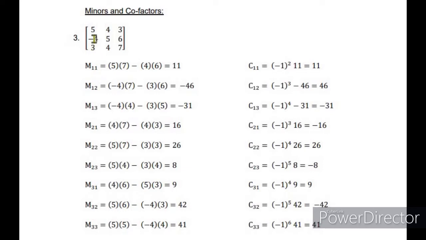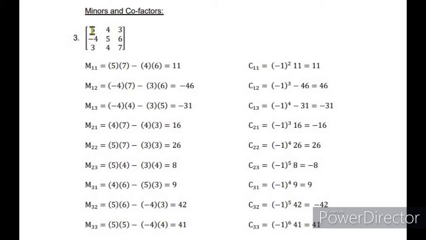It is this, the number 5. It is the element that lies in the upper left corner of the matrix. Okay, so we will get all the elements that do not belong to the row and column that the element M sub 1,1 belongs to.